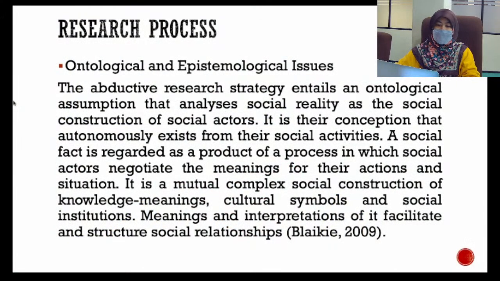A social fact is regarded as a product of a process in which social actors negotiate the meanings for their actions and situations. It is a mutual, complex social construction of knowledge, meanings, cultural symbols, and social institutions. Meanings and interpretation of it facilitate the structured social relationship.